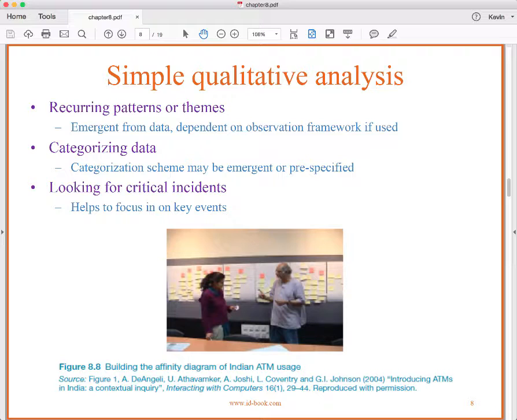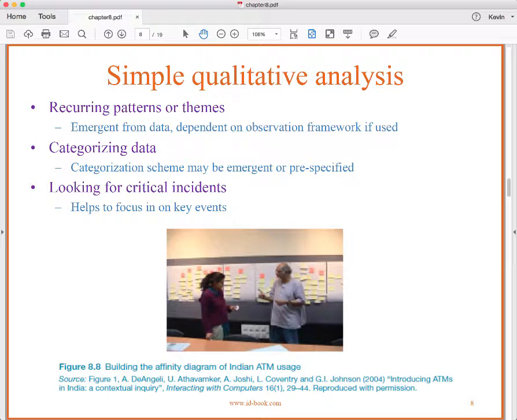We also want to categorize data. So categorization schemes might be emergent, which is to say we might look at the data and say, we see some trends here, let's try to categorize those. Or we might have the categories ahead of time. That would be our pre-specified.